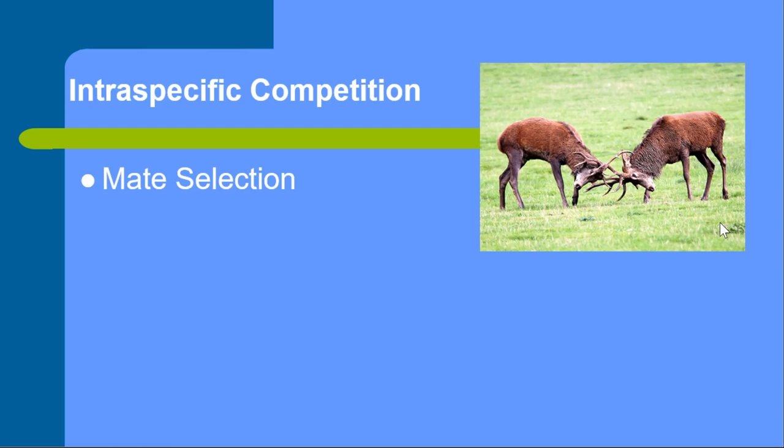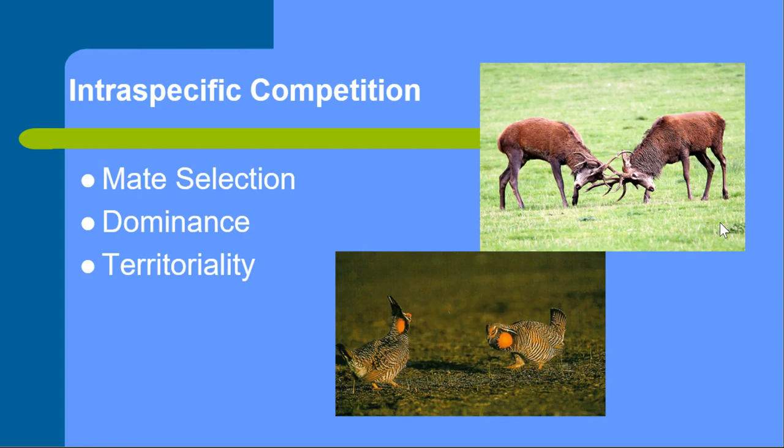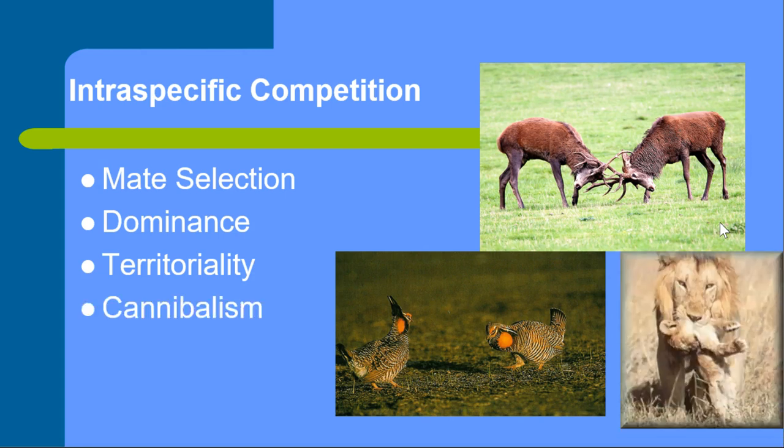So we're going to see intraspecific competition most heavily in mate selection, dominance, and territoriality. And occasionally, this kind of intraspecific competition leads to cannibalism, right? And that's sort of less fun. But mate selection and dominance are all about securing mates and securing territory, and territory is about securing resources.